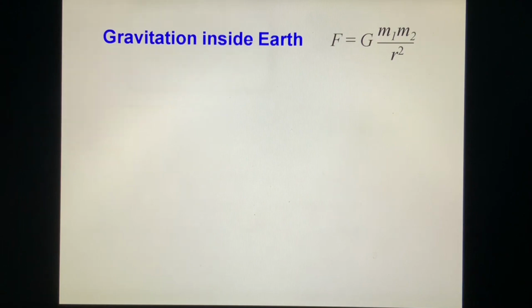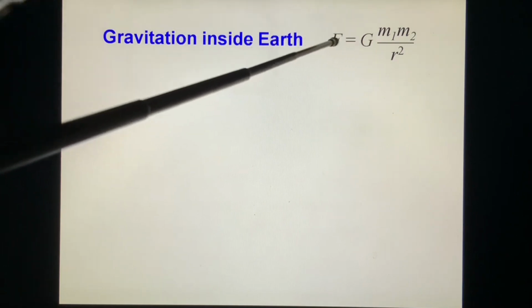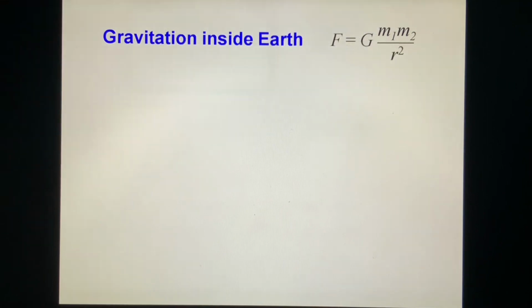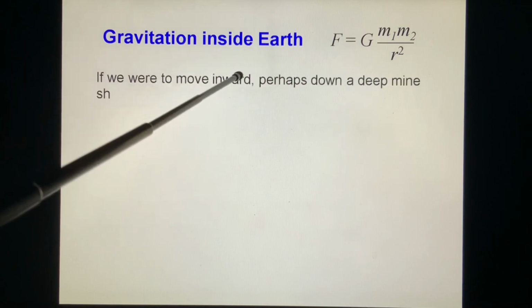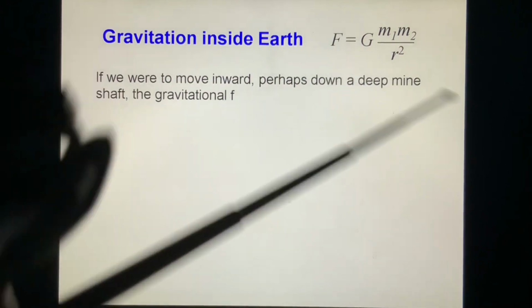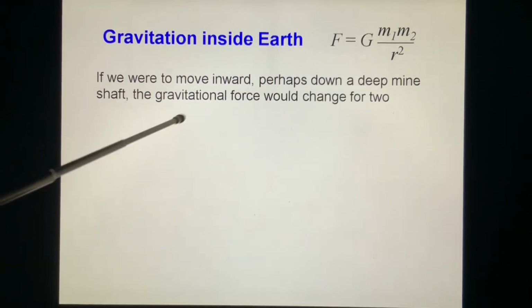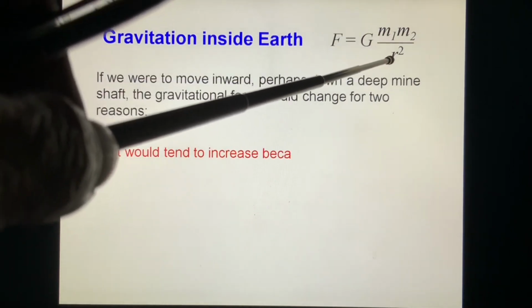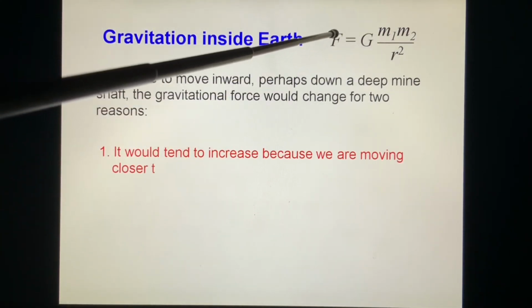Gravitation inside Earth. We know the gravitational force equals G m1 m2 over r squared. We have two factors. If we were moving inward, perhaps down a deep mine shaft, the gravitational force would change for two reasons. One is r getting smaller and smaller, so F getting larger.